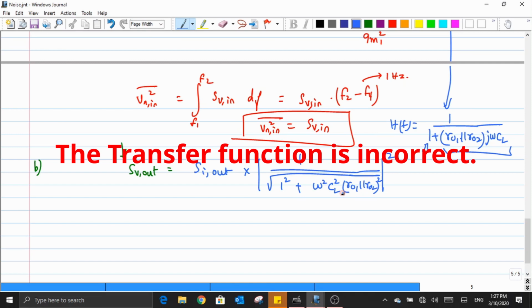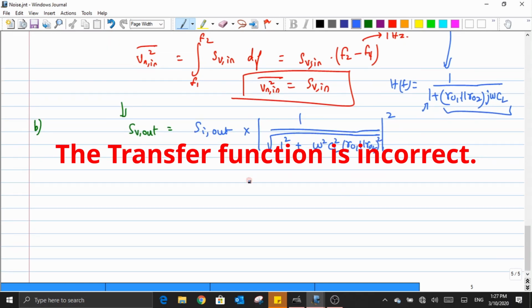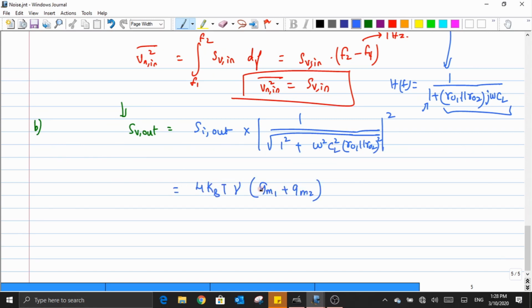And the whole thing has to be squared at the top. Okay. So this is my transfer function in terms of magnitude of it, and that has to be multiplied by this S_I of f, and R at the top, right? This is right?